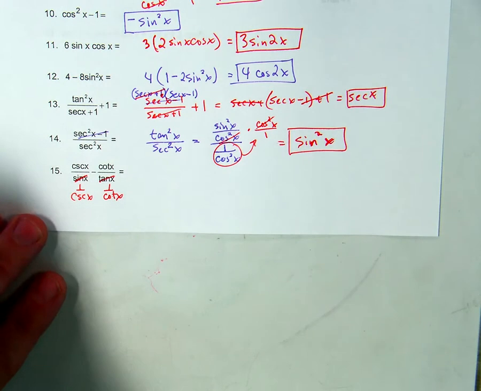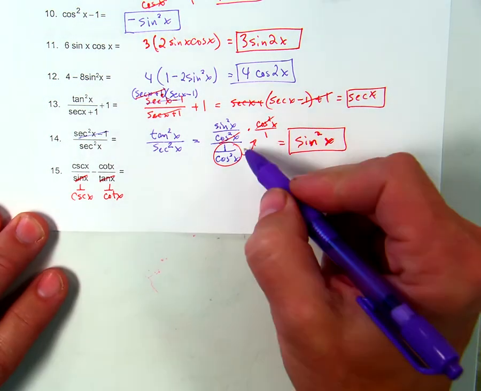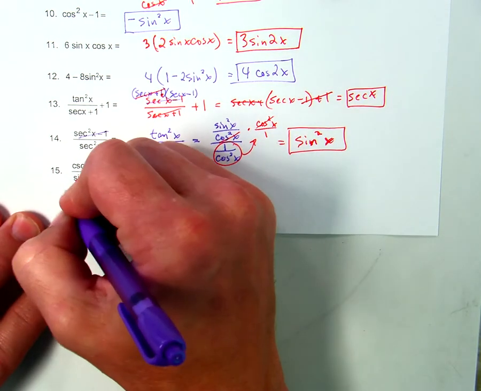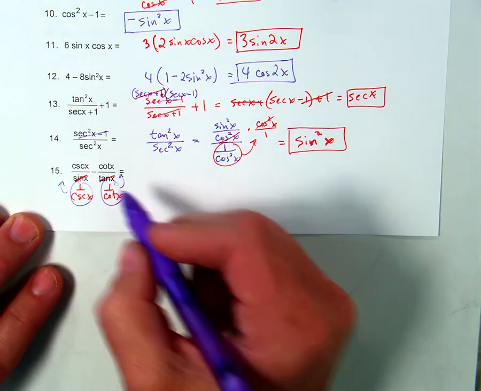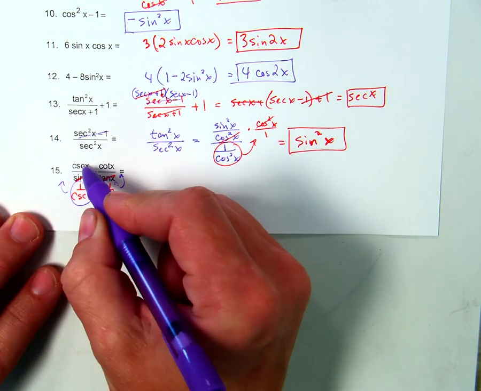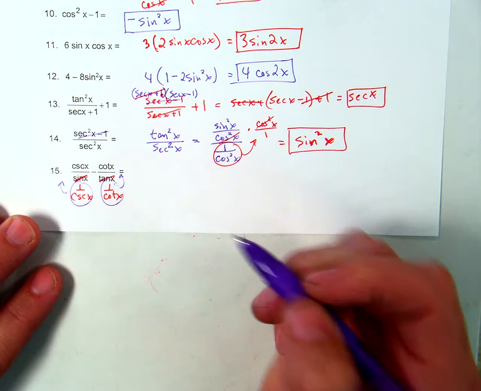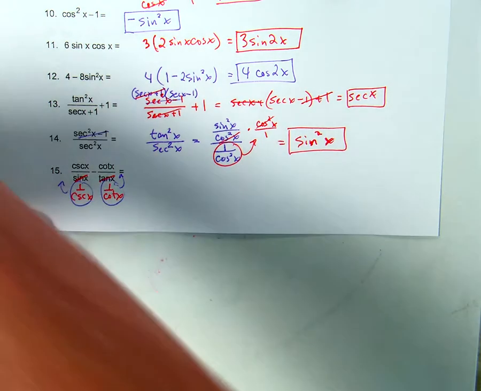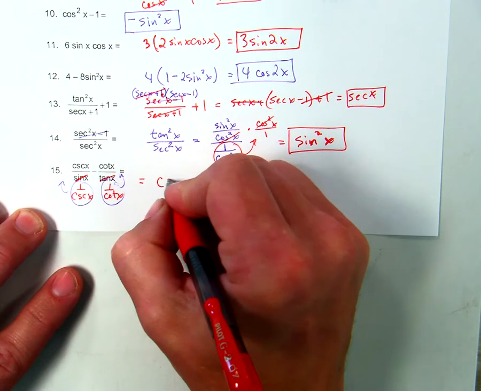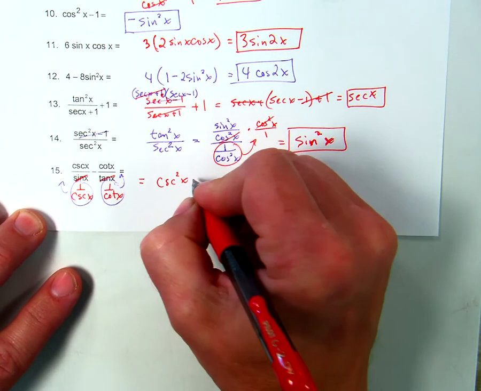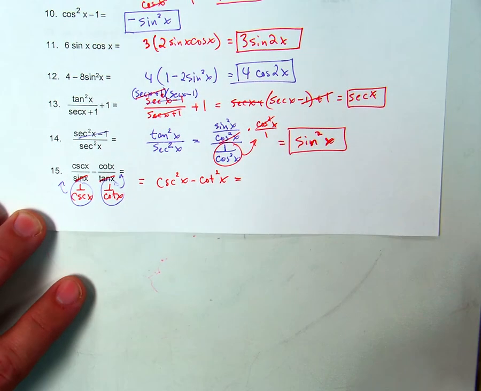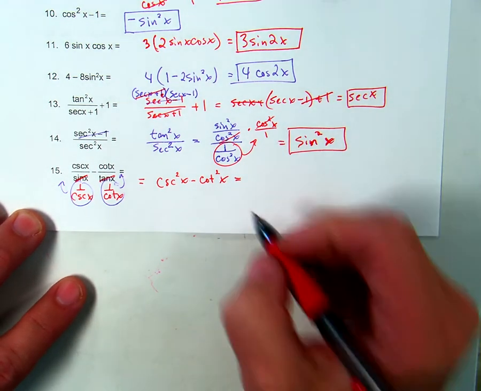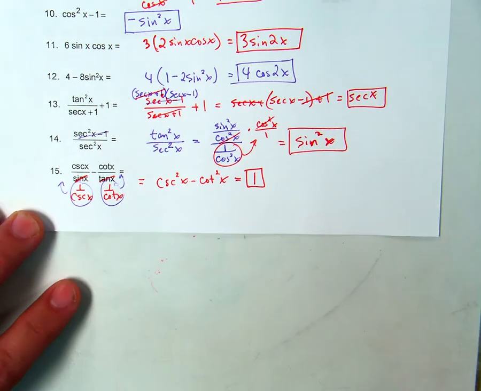And then when I take both of those up and flip and multiply them to the top, as we did in problem number 14, it's going to be cosecant x times cosecant x, cotangent x times cotangent x. And so I'm going to end up with cosecant squared x minus cotangent squared x. And using our Pythagorean identities, we know that's going to be a 1.